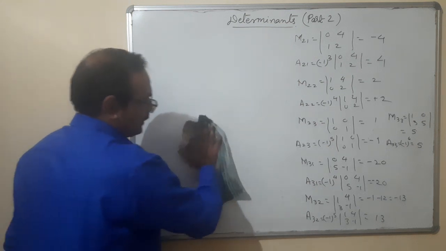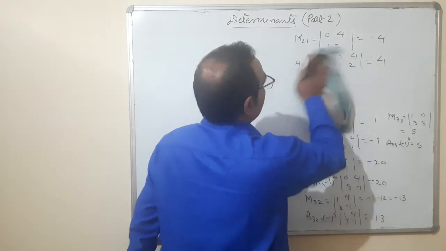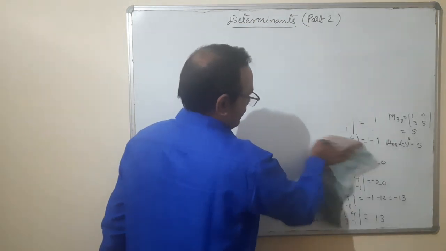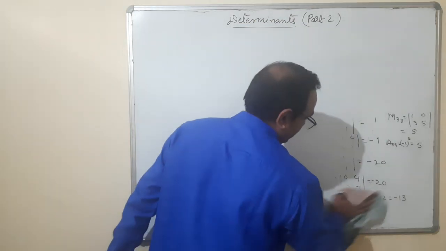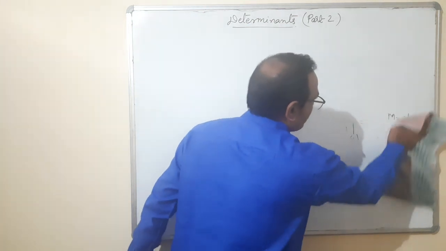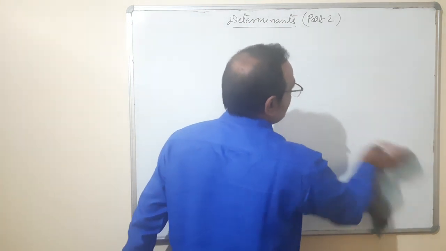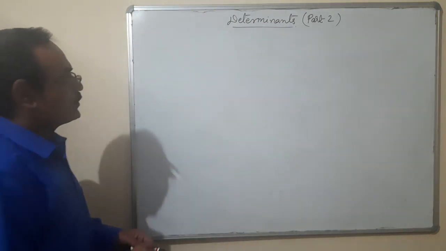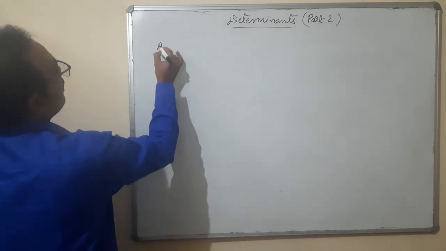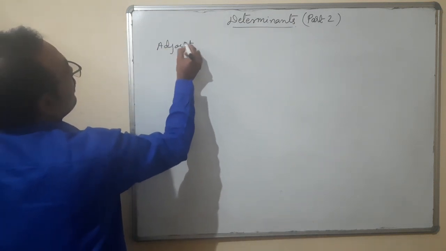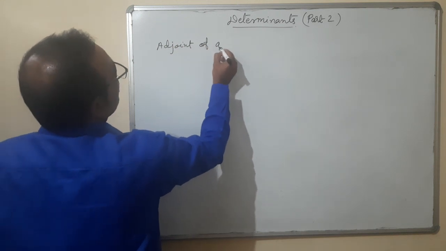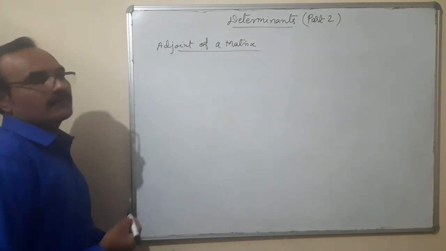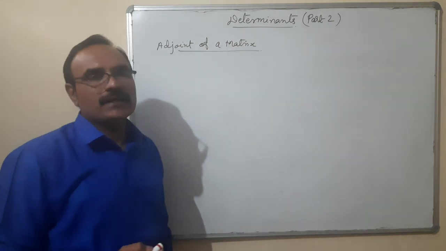If there is a matrix A with elements Aij, n cross n, and we are going to find the adjoint of A, then we can write it as the transpose of the cofactors of all the elements. The adjoint of a matrix is defined in such a way.